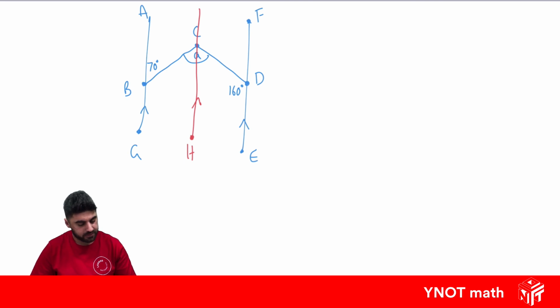Now, we've got a 70-degree angle here, and that's alternate with just this little part here. So the first thing we want to say is that angle BCH, which is the one here, is going to equal 70 degrees because alternate angles are equal on parallel lines.